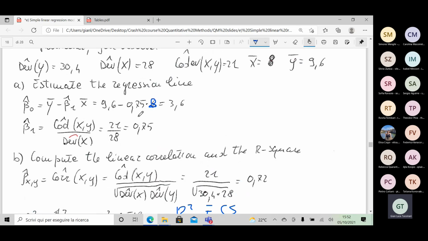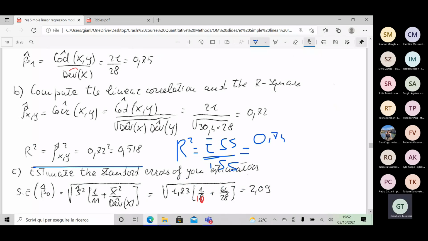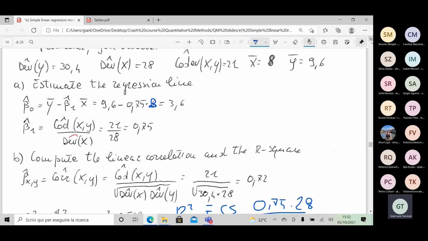Which is beta 1 hat squared? This one, 0.75, times the deviance of x. The deviance of x is 28, divided by the deviance of y, which is the total sum of squares. The deviance of y is 30.4.